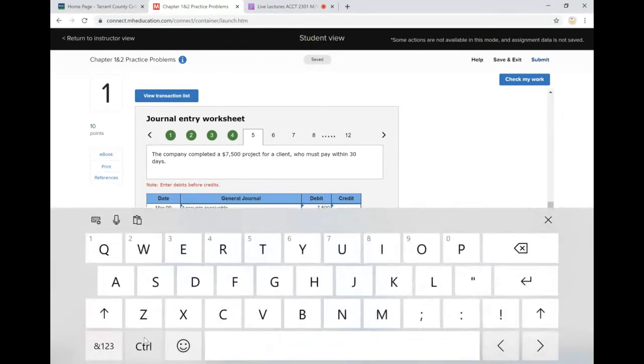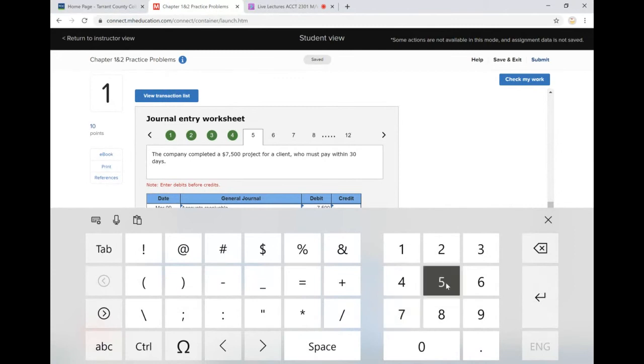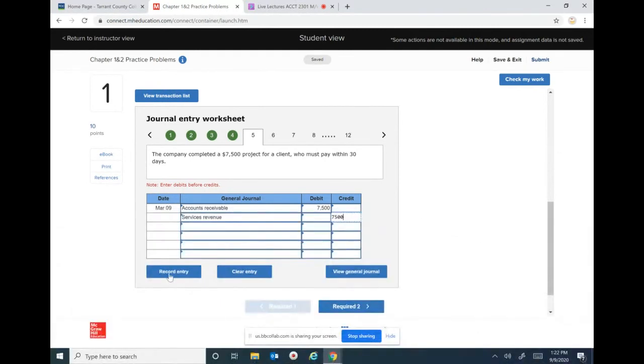And here, I think this is the lesson learned in this section: when you're determining whether revenue has been earned and whether you can credit it, the method of payment is not important.